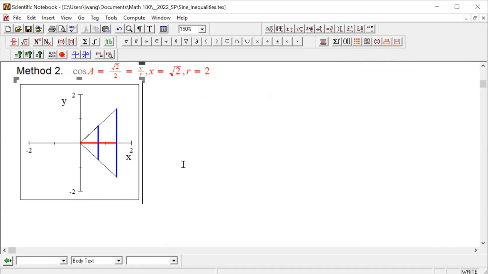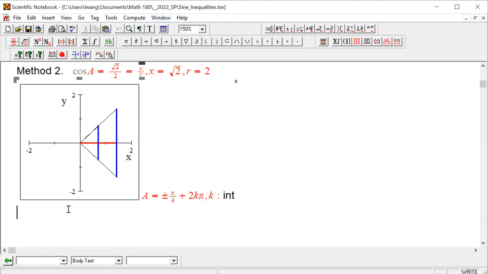But anyway, it doesn't change the angle. The solution is still A equals plus or minus pi over 4, plus 2k pi, and k is any integer.